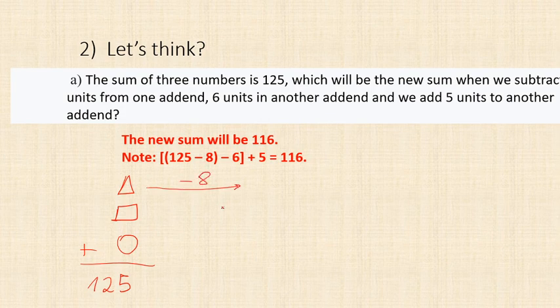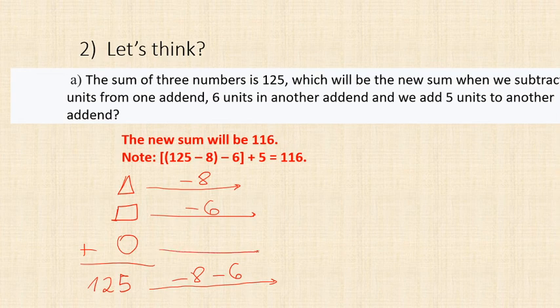When I subtract 8 units from the first addend, I'm going to subtract 8 units from the result too, remember? Then I'm going to subtract 6 units from the other addend. And I'm going to add 5 units on the third addend.